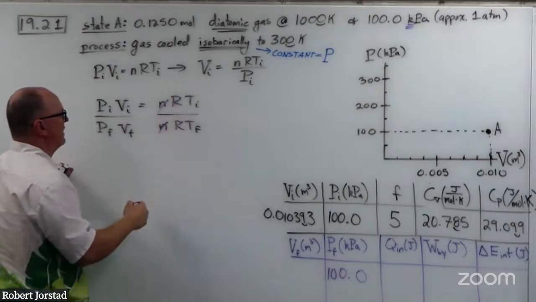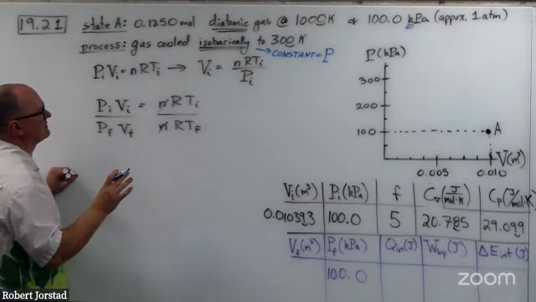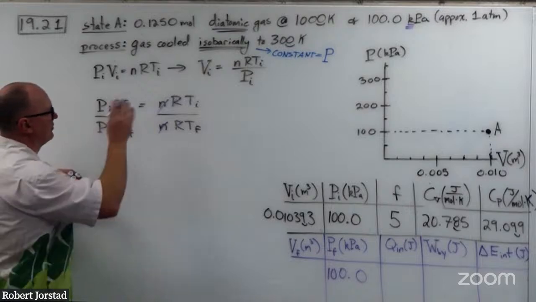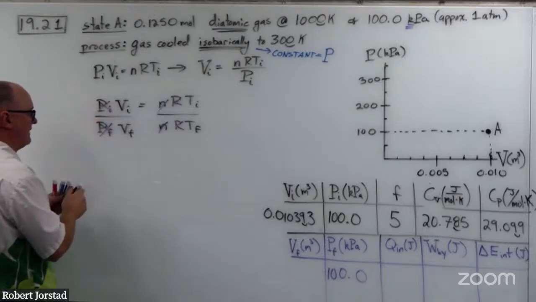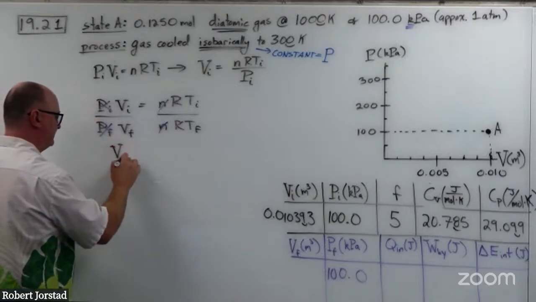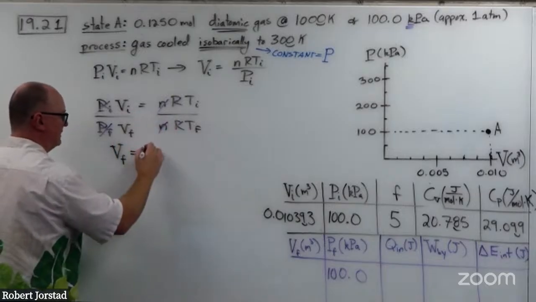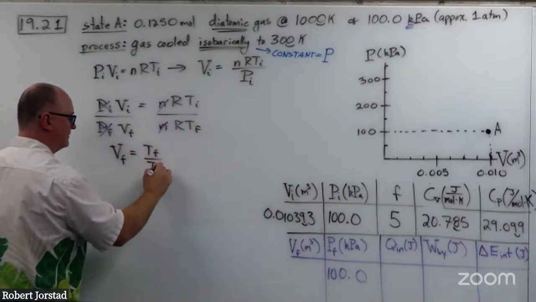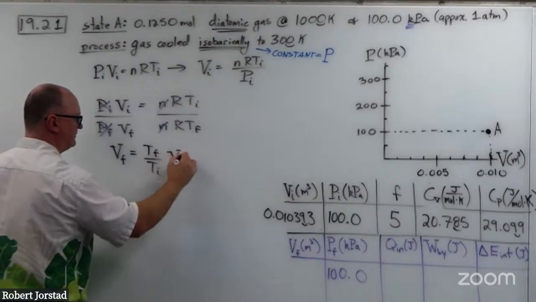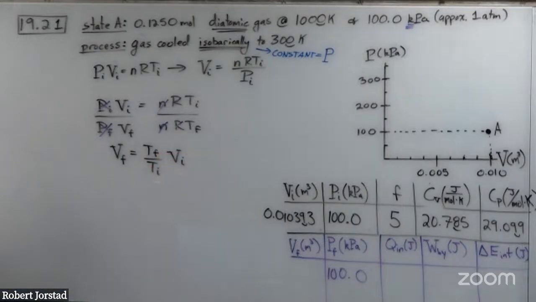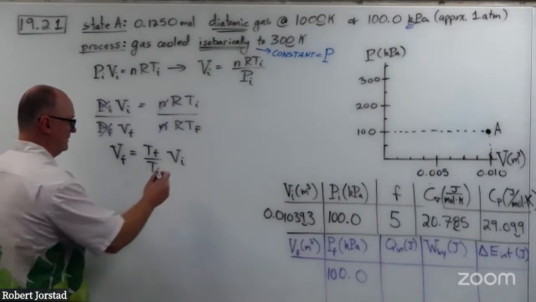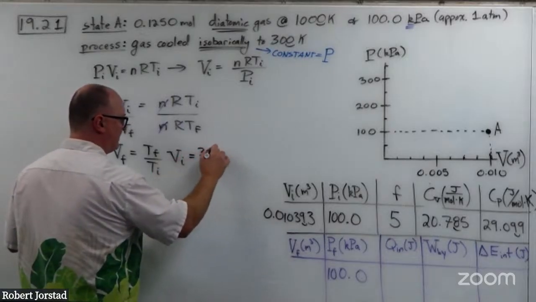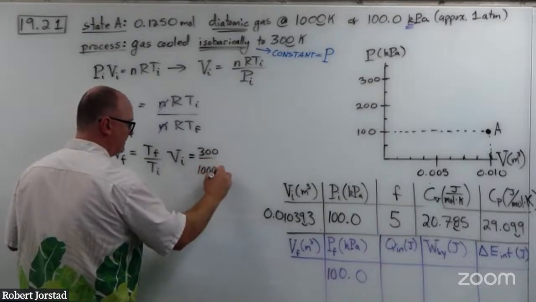R. What was constant this time? Pressure. That cancels. So now I can get V final. In this case, what was T final? That one's 300. This is 1,000.